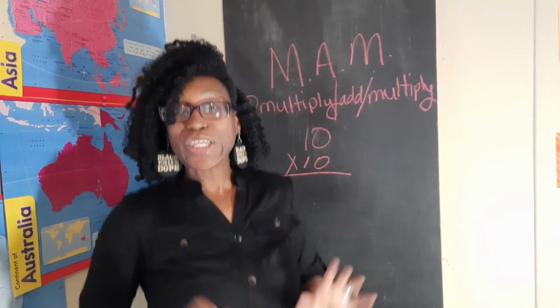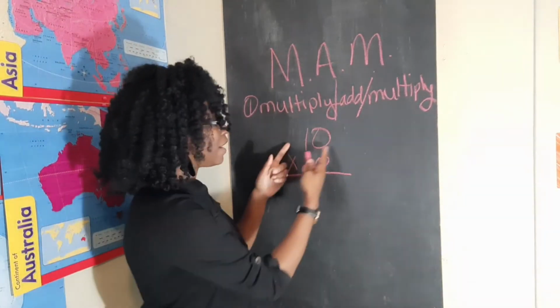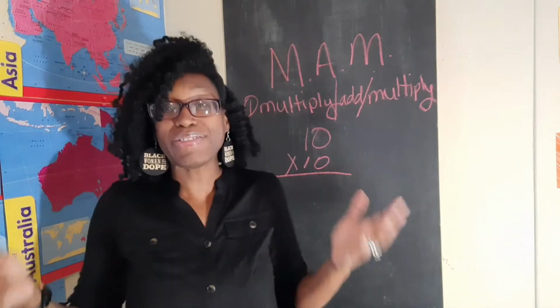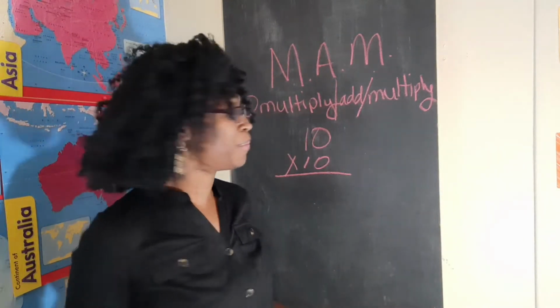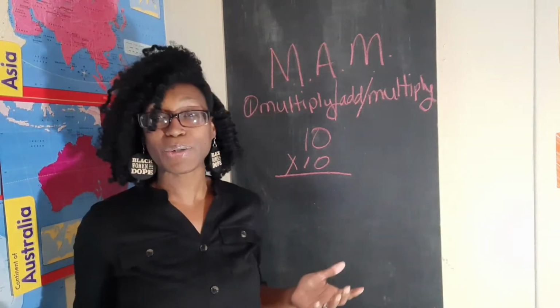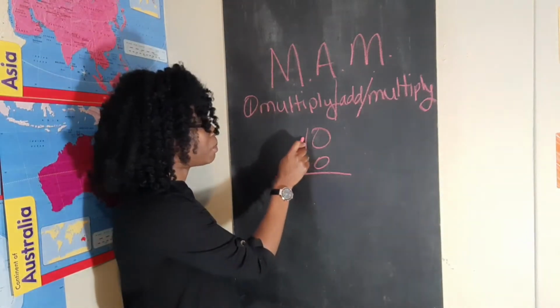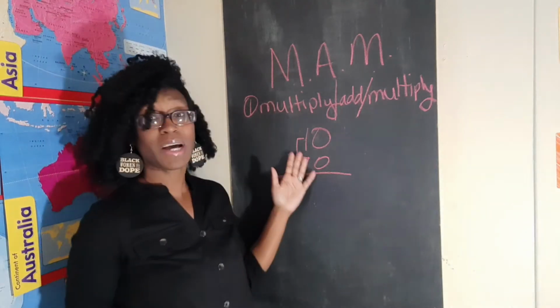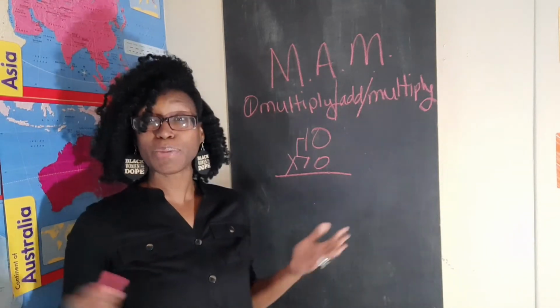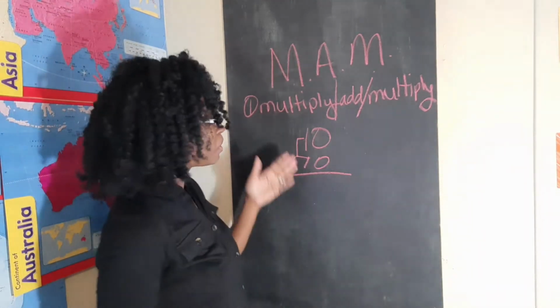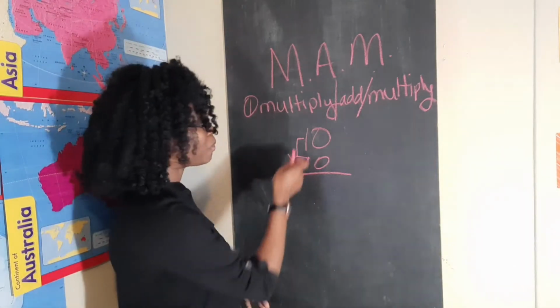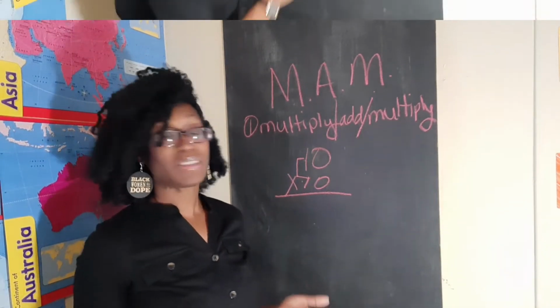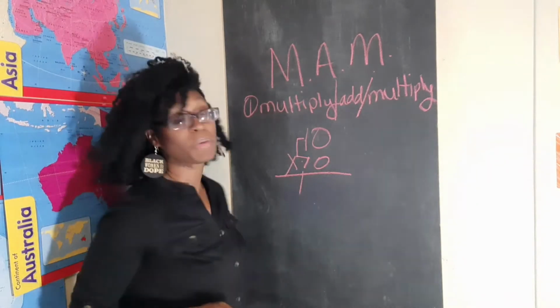All right, so now there is another trick on how to multiply with zeros. Anytime you're multiplying with zeros, you're going to multiply your first column, which you have a tens column and the ones column in this example. So I'm going to multiply my tens column, 1 times 1, which is just 1.